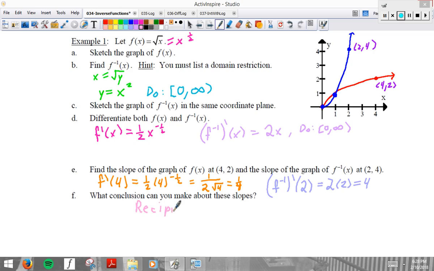And for the second time I will say, they have the same sign. They are not opposite. They are not perpendicular. They are just reciprocals. 1/4 versus 4/1.